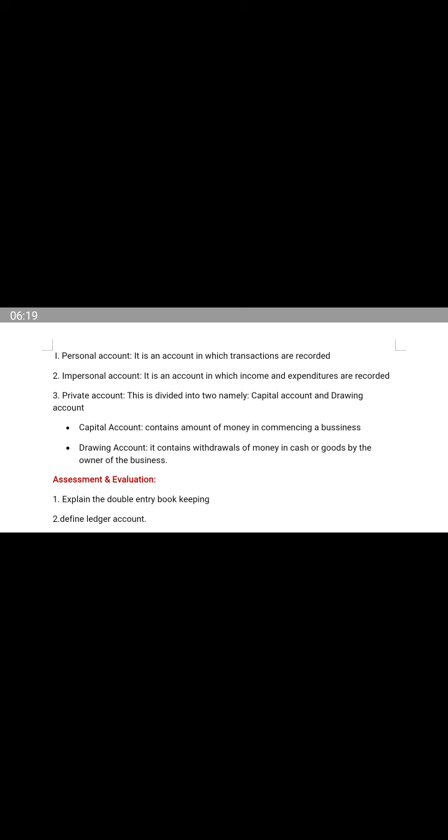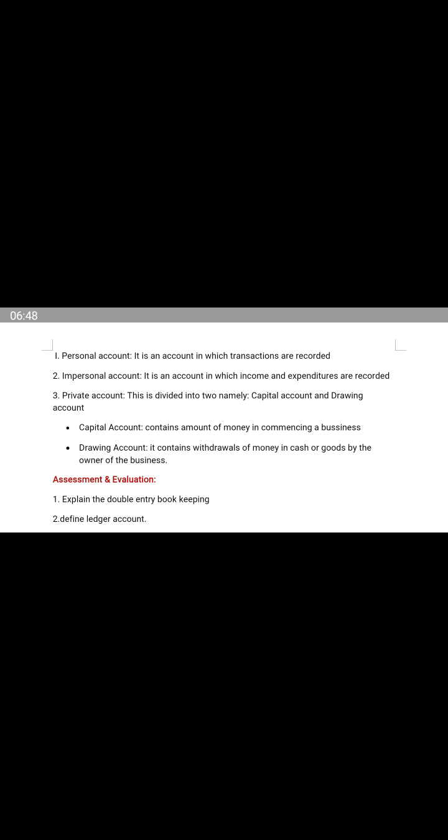It is an account for recording a certain amount of money invested in a business, while the drawing account contains withdrawals of money in cash or goods by the owner of the business.